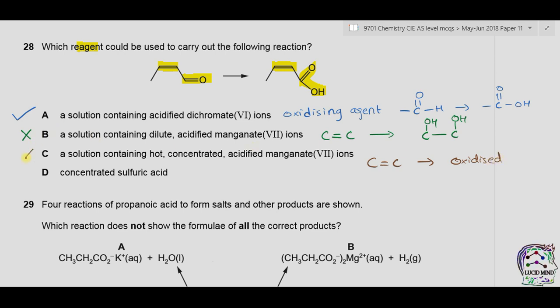So C is also incorrect. In D we have concentrated sulfuric acid. Now concentrated sulfuric acid can react with alkenes to form alkyl hydrogen sulfates. It cannot oxidize aldehyde, so therefore D is incorrect. The only correct option is therefore A.